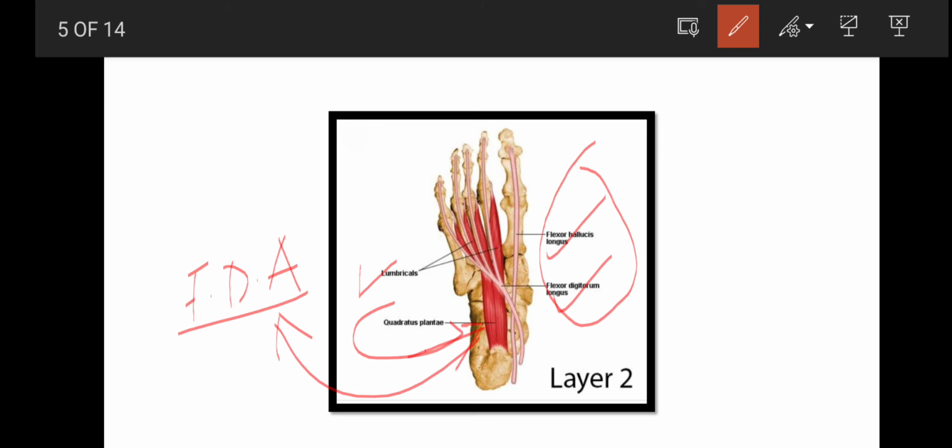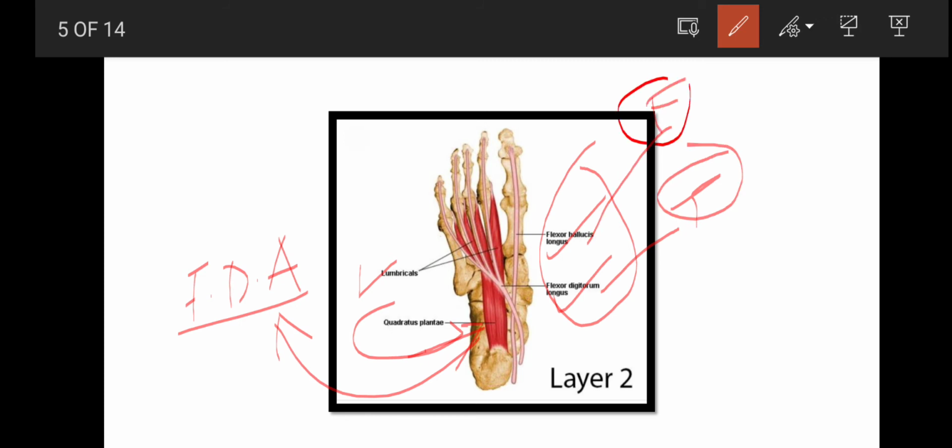You have to note that flexor digitorum longus takes its origin from the tibia region and flexor hallucis longus is from the fibula.